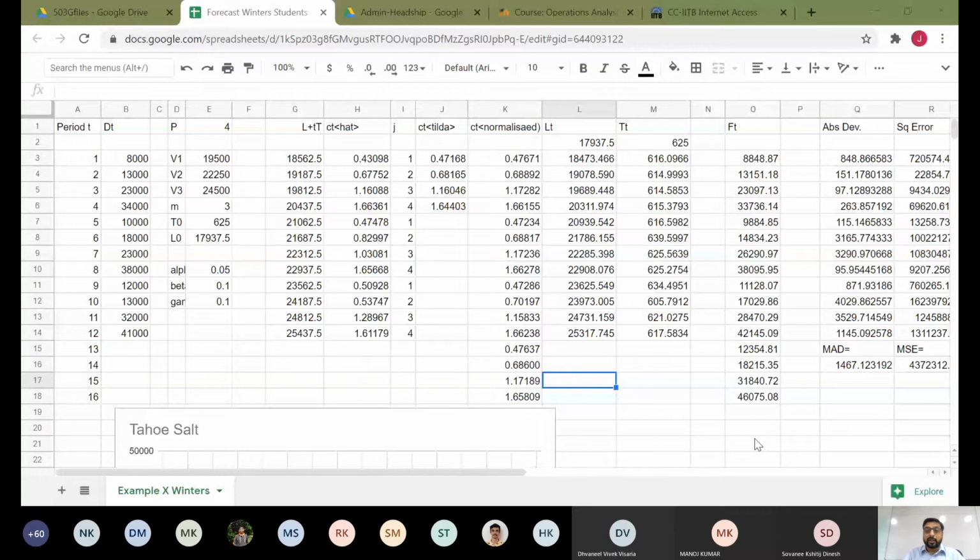If the MAD value is large, we don't know what it means, but if MAPE is large, we know that is the average percentage deviation from the demand, so that might give a more realistic measure. So at least when you do case studies, people do use the MAPE measure over the other two measures.